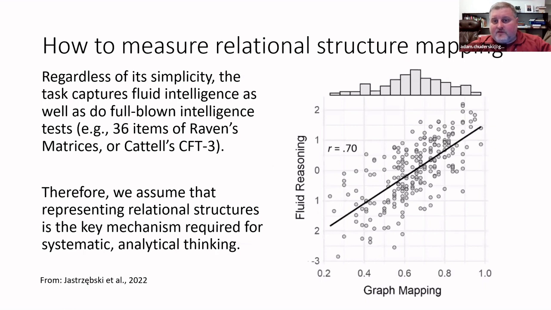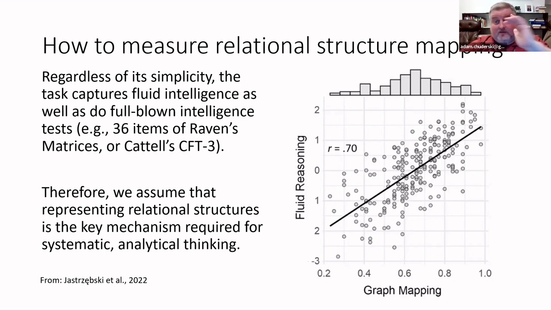But what is interesting about this task is that regardless of its simplicity, this task is simply a very good fluid intelligence test. So it correlates with the fluid reasoning factor at the same strength as all other good hallmark fluid reasoning tests correlate. So the correlation of Raven test with fluid reasoning is also 0.75 or something like this, because no test is perfect.